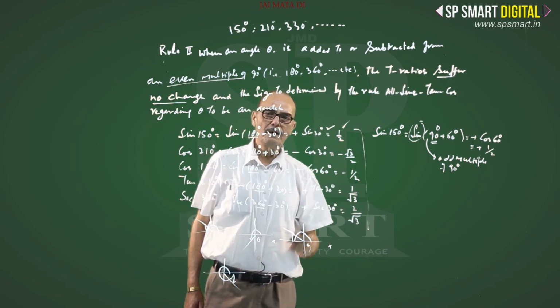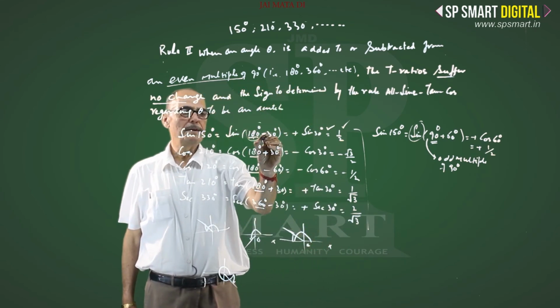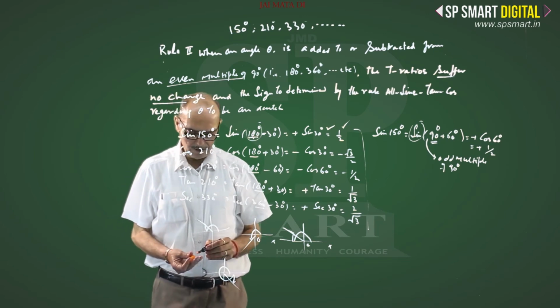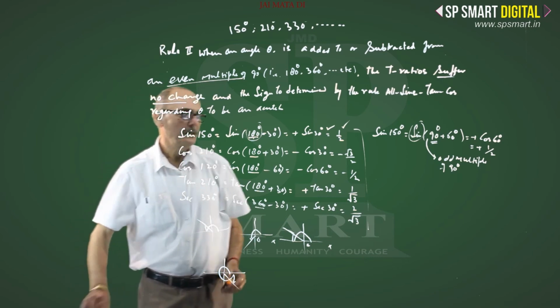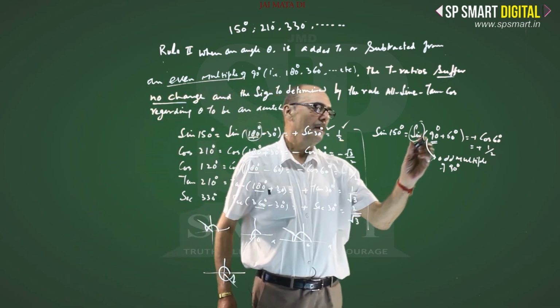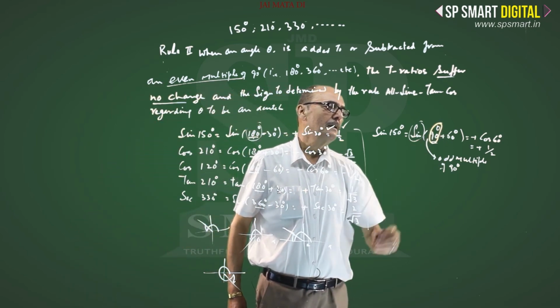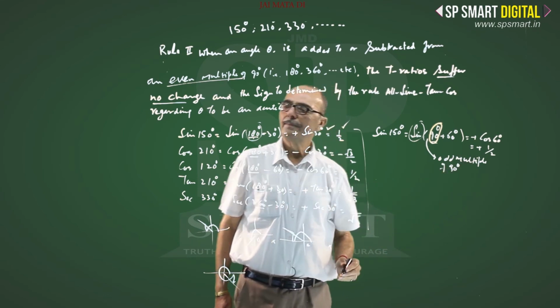Whether you make use of the even multiple of 90 degrees or the odd multiple of 90 degrees, we observe the answer is the same.